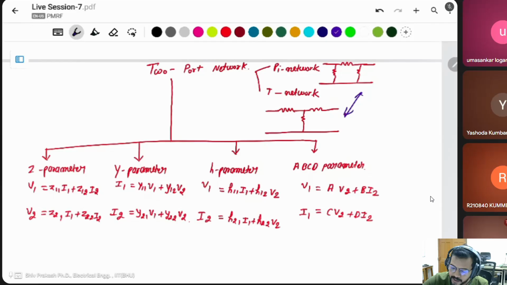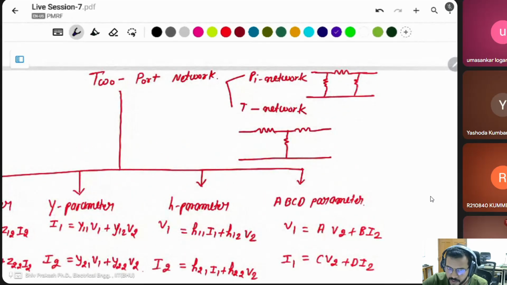In a power system transmission line, this is modeled with a capacitor. If you want to take a capacitor at both ends, or combine both end capacitors in a single line, these are two ways of representing the transmission line. That's why the network is modeled as a pi network and T network.